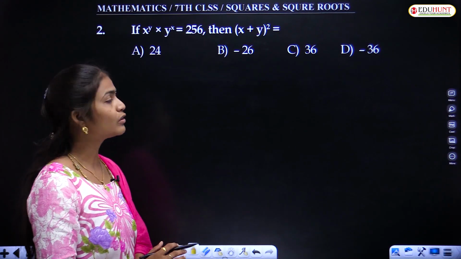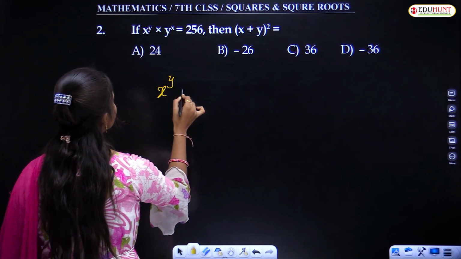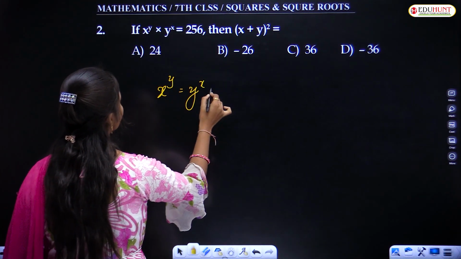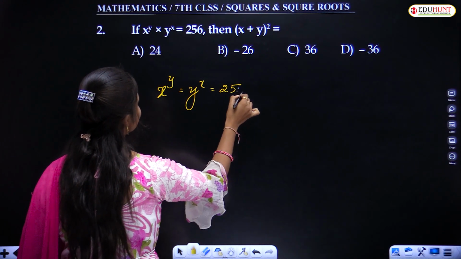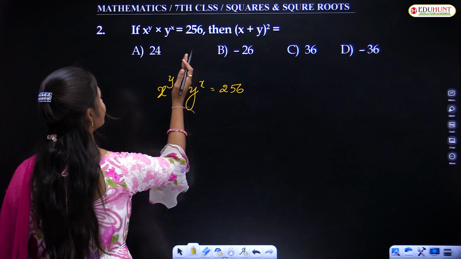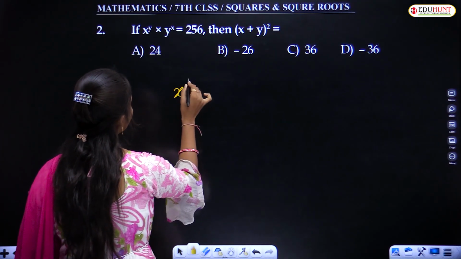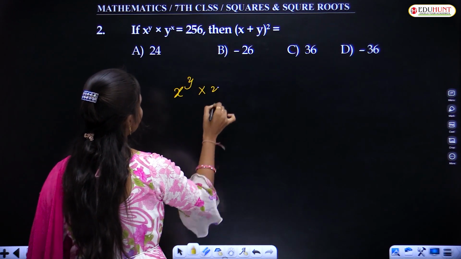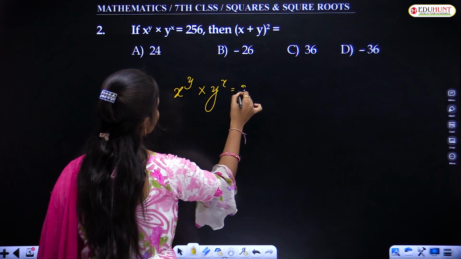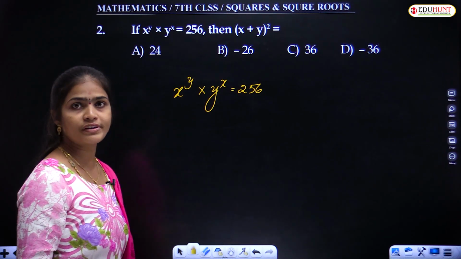Next, the second question says x power y into y power x is equal to 256.